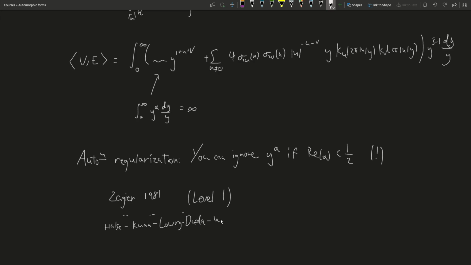And Walker, and then the paper is second moments of the Gauss circle problem, or moments in the Gauss circle problem, I'm not sure, and this is the appendix.